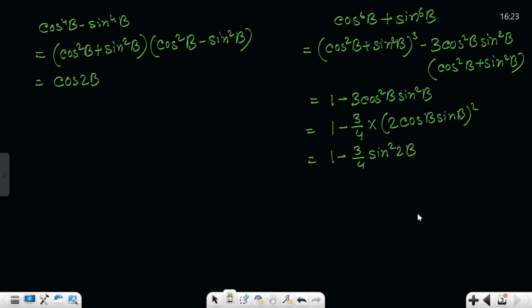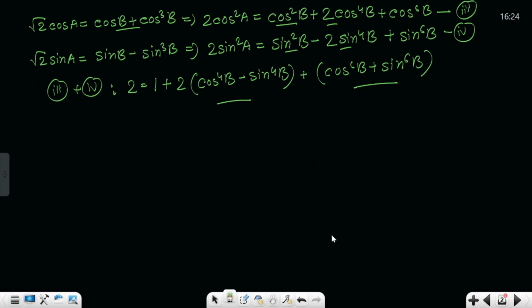No problem. Now, sin² 2b can be written as 1 minus cos² 2b. So, let's do it here. Okay. So, if we open the bracket, it will be 1 minus 3 by 4 plus 3 by 4 cos² 2b. Now, we will substitute this in the place of here.